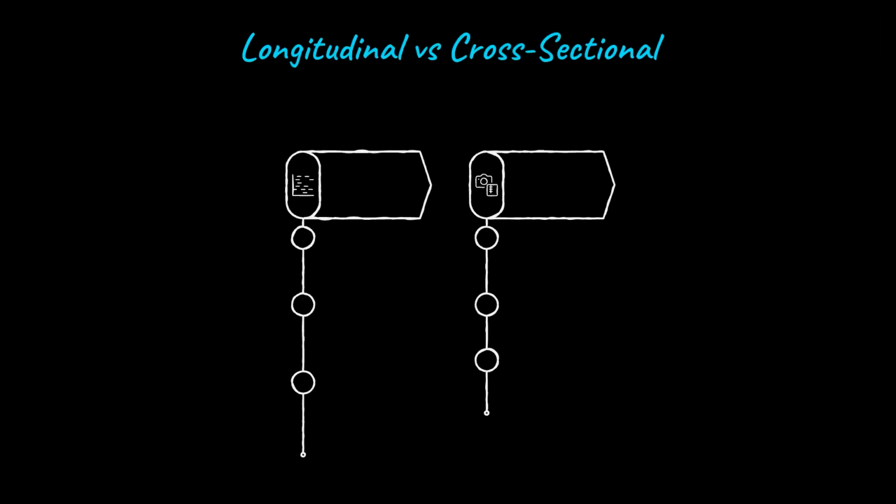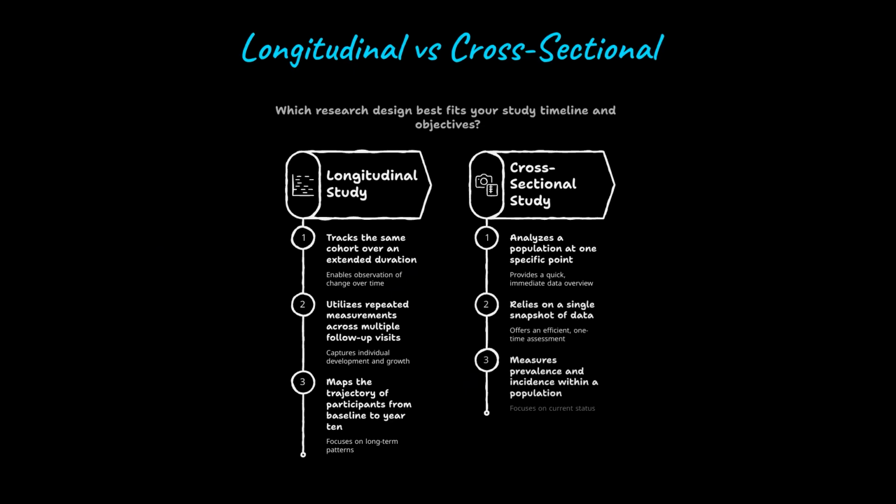A longitudinal study follows the same participants over time, collecting repeated measurements to reveal how outcomes evolve. This design is central to natural history research, prognostic modeling, and identifying risk factors. The essential contrast is this. Cross-sectional studies measure each person once, capturing a single snapshot.